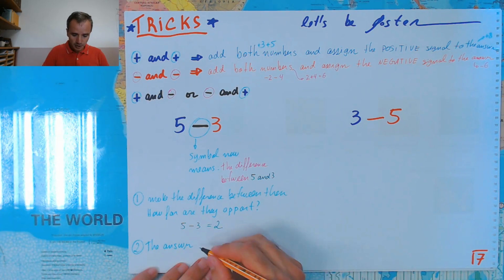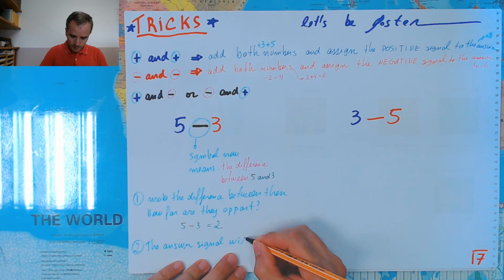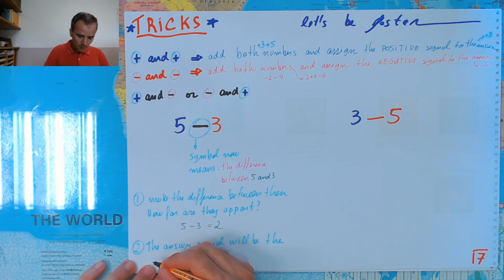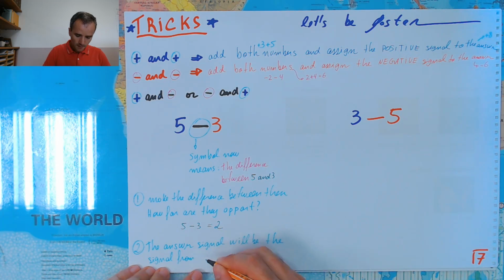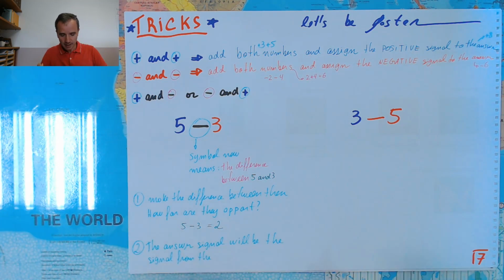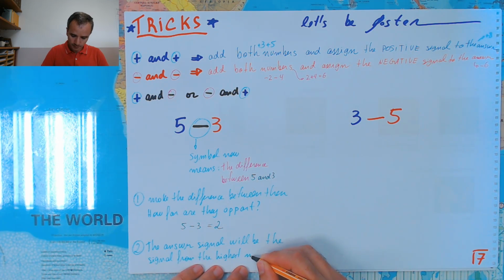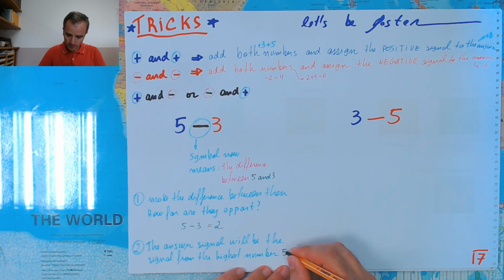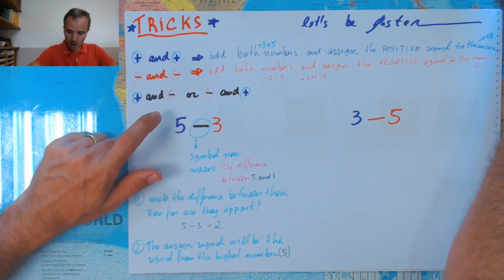The answer signal will be the signal from the highest number. In this case, the highest number is 5. And 5 has a positive signal. And in this case, the answer should be a positive 2.